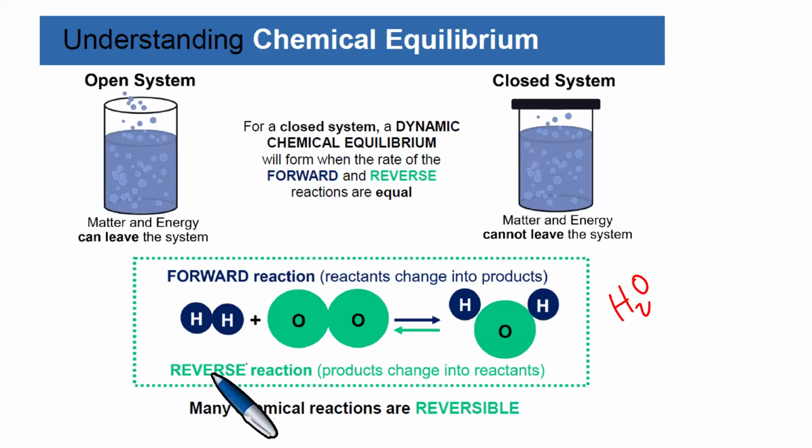But the reverse reaction implies that the products change into reactants, meaning that if you have water, you can break water down into hydrogen and oxygen. Very technical process, though. Not very easy to do that. But many chemical reactions are reversible. Let's take a look at that.